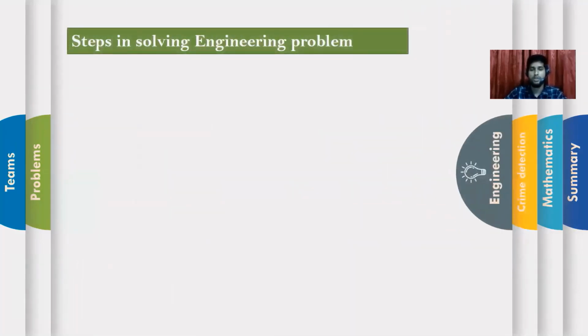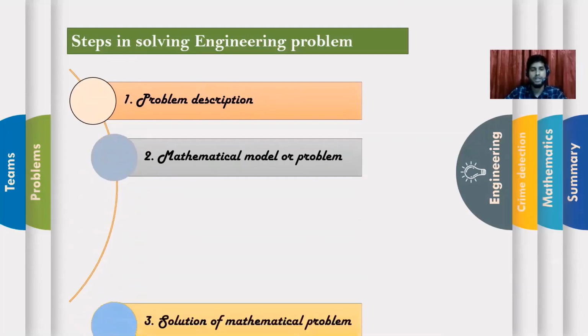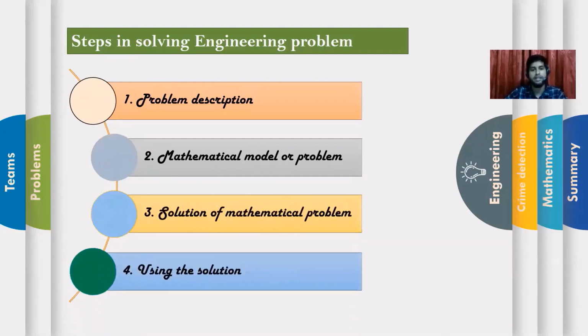Now we will show the application of numerical methods in the engineering sector. We show some basic steps, the basic algorithm to solve a problem in the engineering sector. Actually, an engineer at first takes a problem description, and in the second step they create a mathematical model of the problem, and in the third step they solve their mathematical problem, and finally they use their solution.